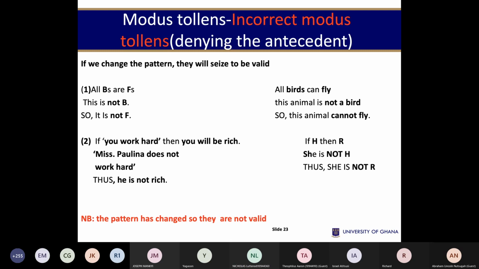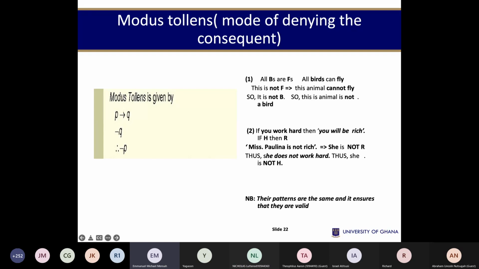Hello, sir. So please, can you go over the formula? You said that P affirms then something. I'm now talking about modus tollens. The formula for modus tollens is P conditional Q, what you see on your screen here.